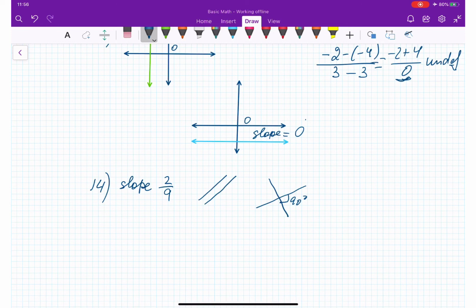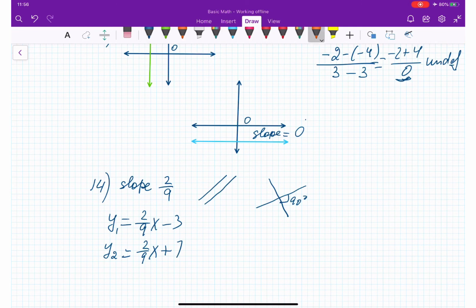So based on slope, how do we recognize parallel lines or perpendicular lines? If lines are parallel, the slope has to be the same. For example, if I have y1 is equal to 2/9x minus 3 and y2 is equal to 2/9x plus 7.